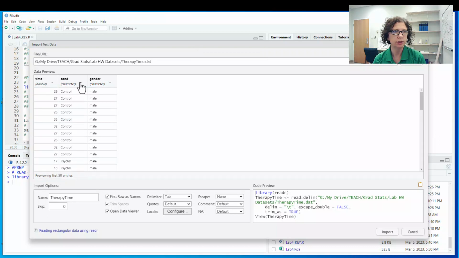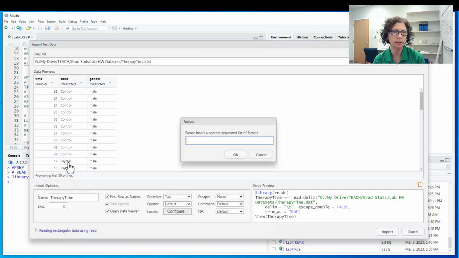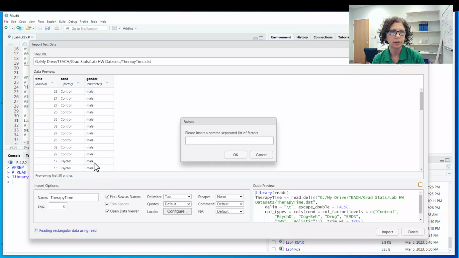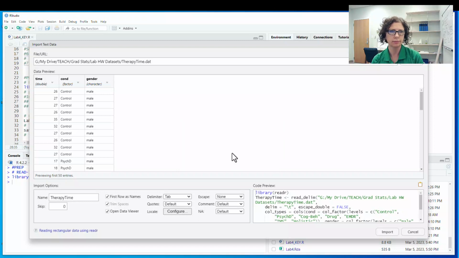And for condition, that's where I want to paste in these levels that I copied off the script. So I have control, psychodynamic, cog-behavioral, drug, EMDR, TMS, and holistic therapy types. And then for gender, I'll set the factor, which is male and female. And then that is ready to import.